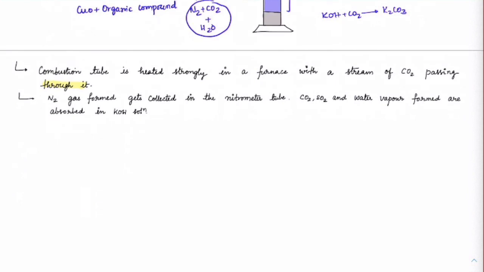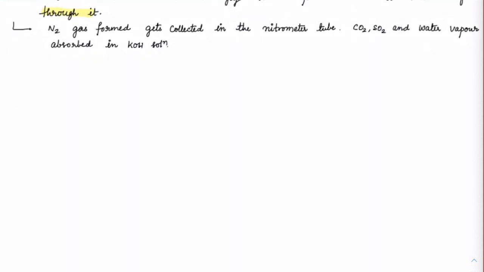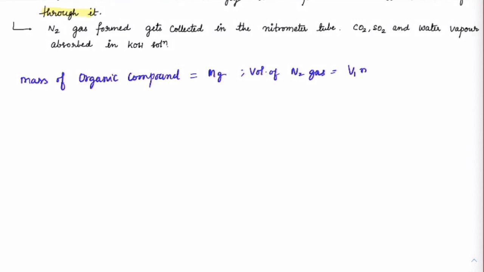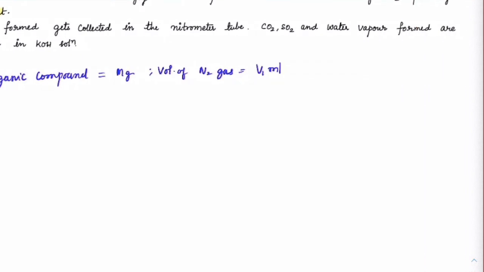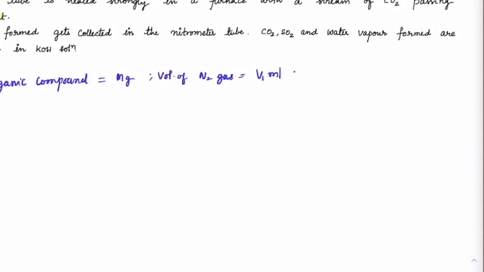Now how do we do the calculation? Let me write this here. Let us assume the mass of organic compound is some m grams, and the volume of N2 gas that was collected, let us call it V1 ml, and the temperature at which we are doing this collection of gas, let us have this as T degree centigrade.